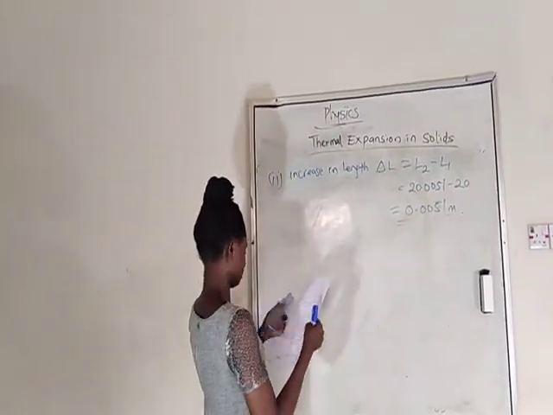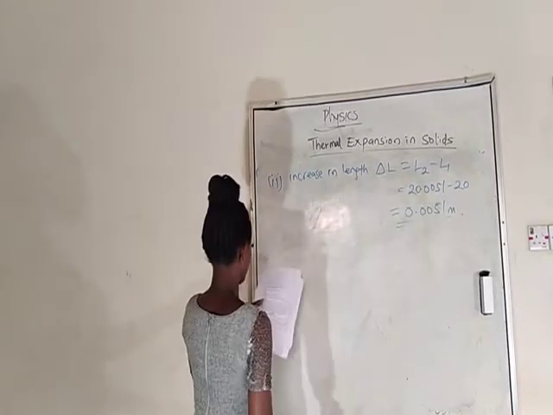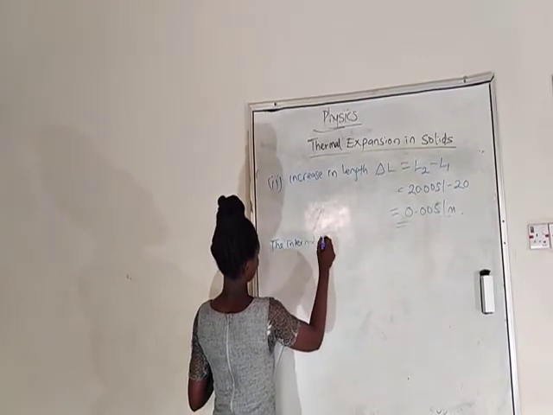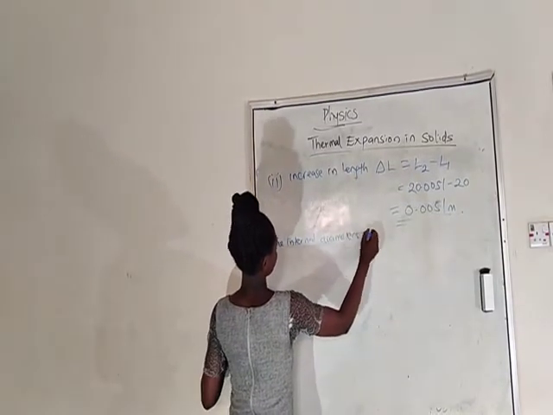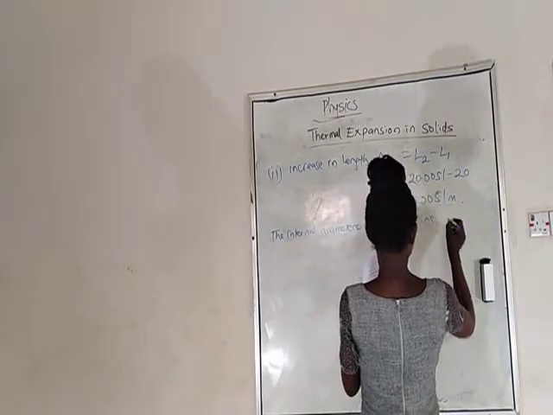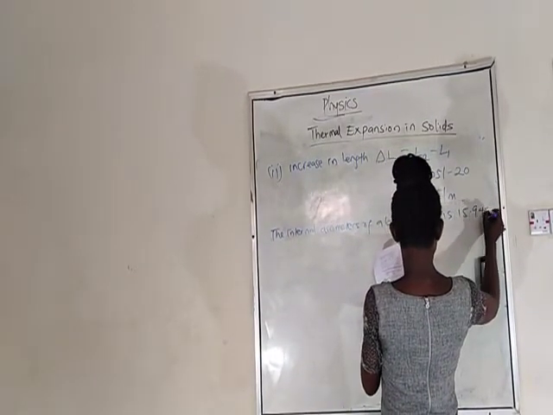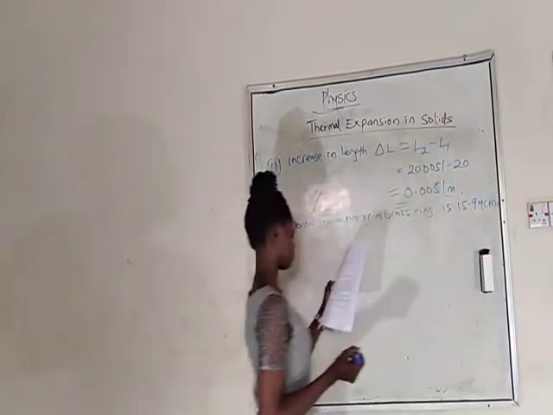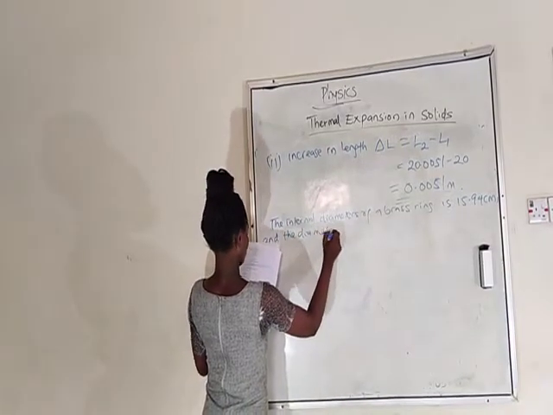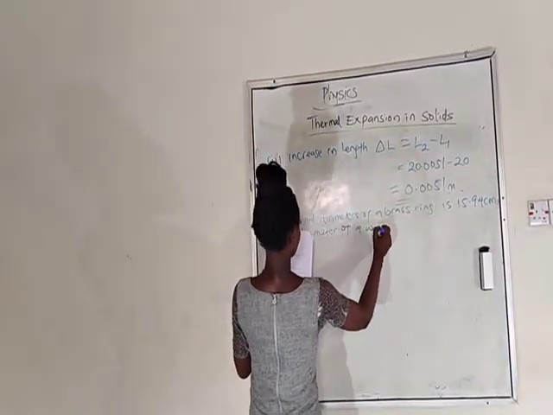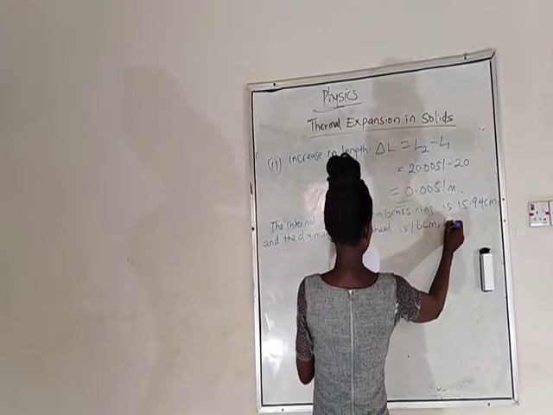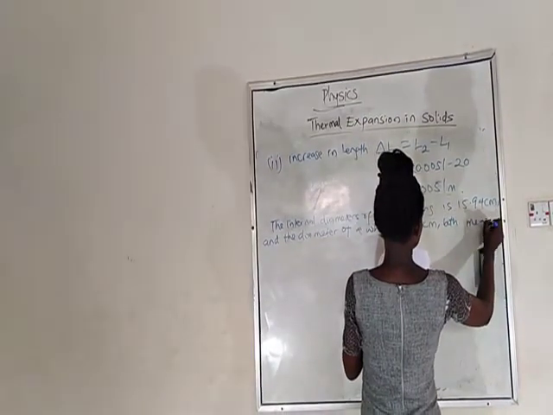And the question says, the internal diameter of a brass ring is 15.94 centimeters, and the diameter of a wheel is 16 centimeters, both measured at the same temperature.